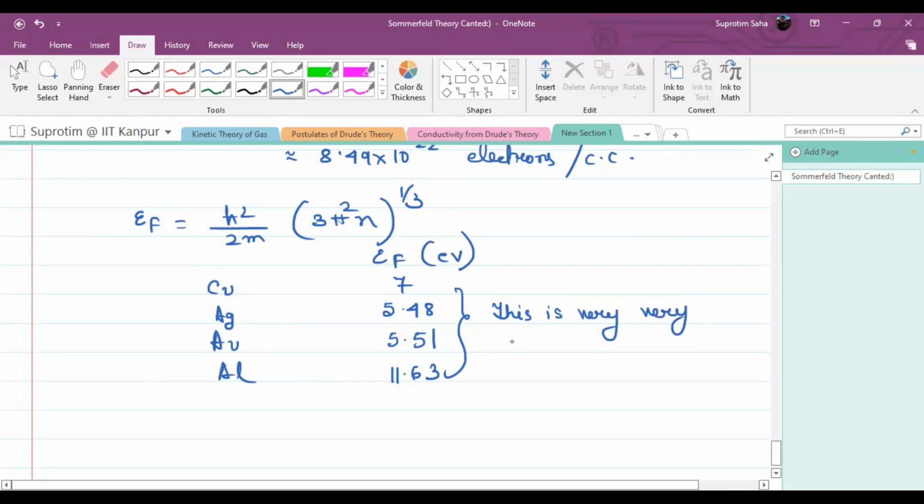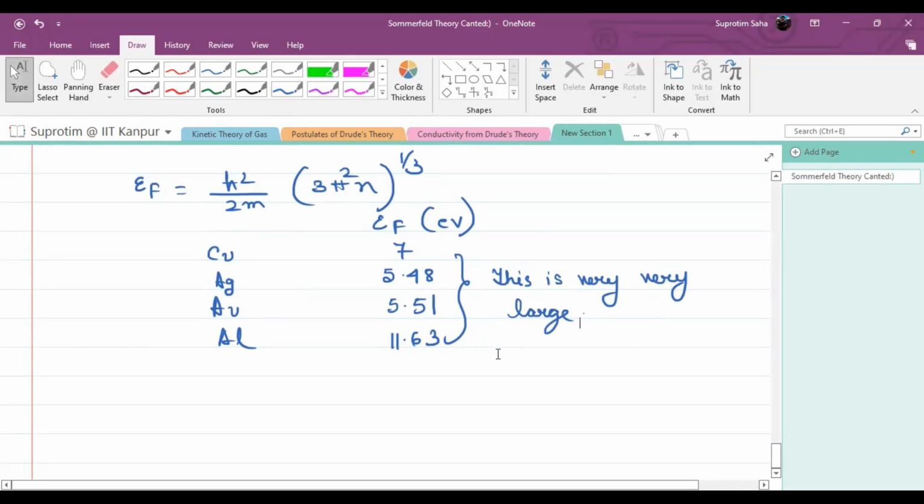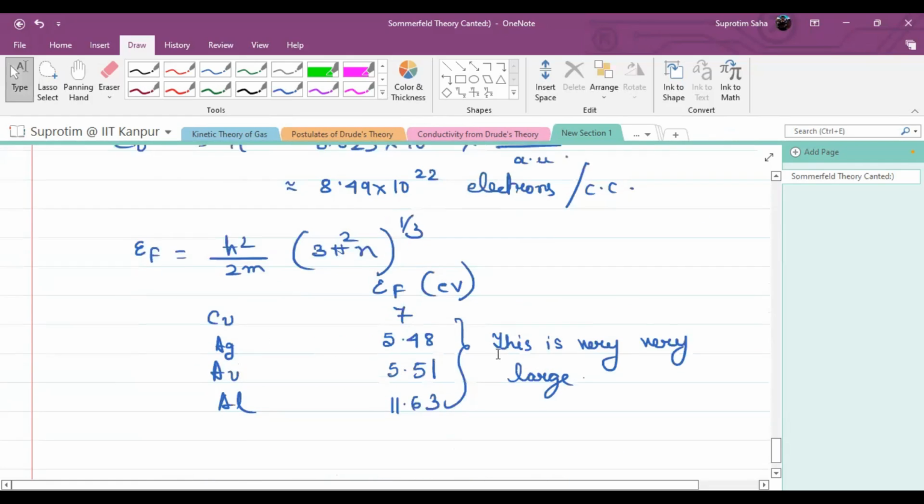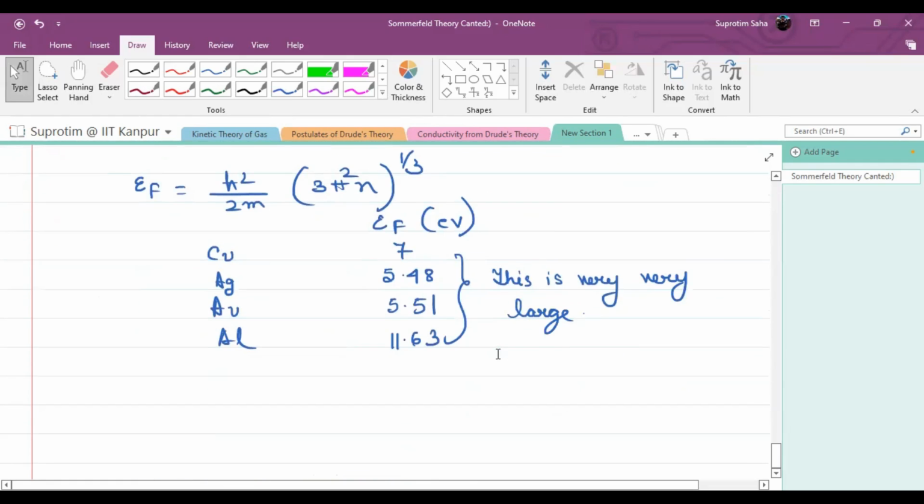Large in comparison to what? In comparison to the thermal energy. So you can have a corresponding Fermi temperature. How can you have that? You consider the Fermi energy as some k_B times some temperature scale, which is given by T_F, where T_F is the Fermi temperature.